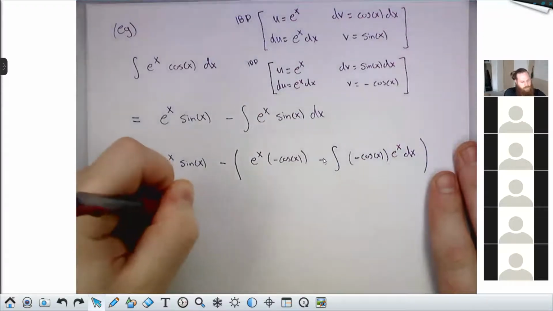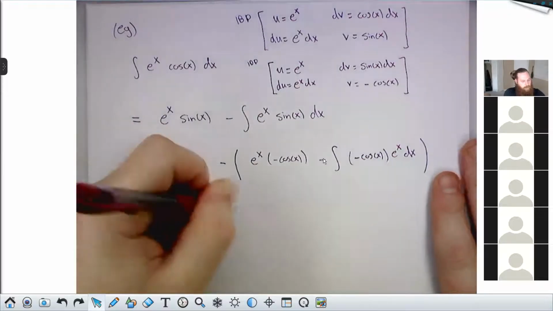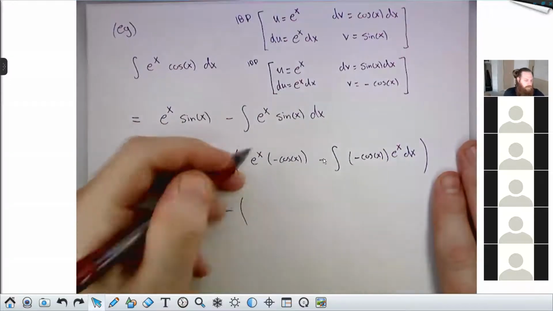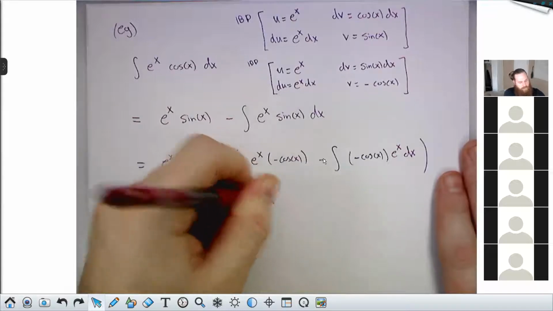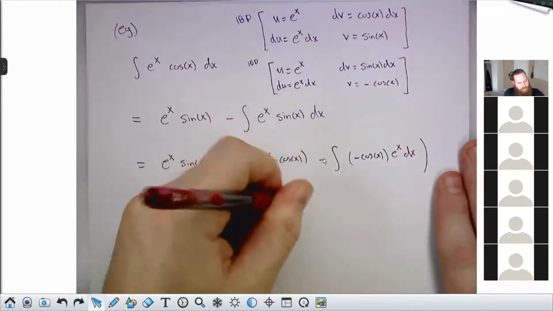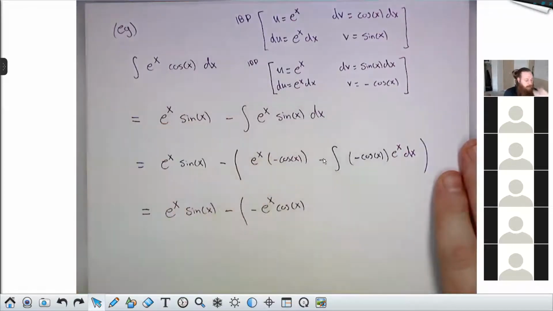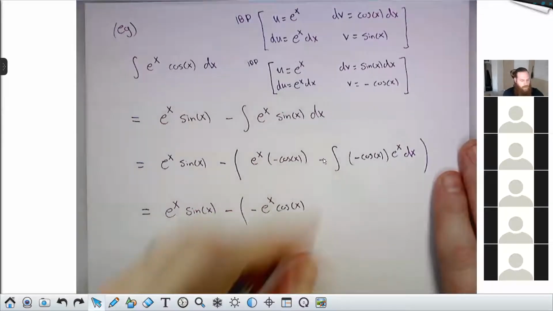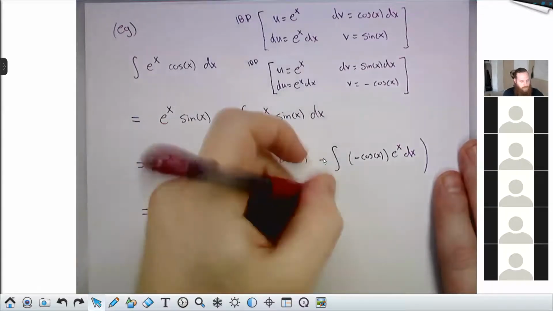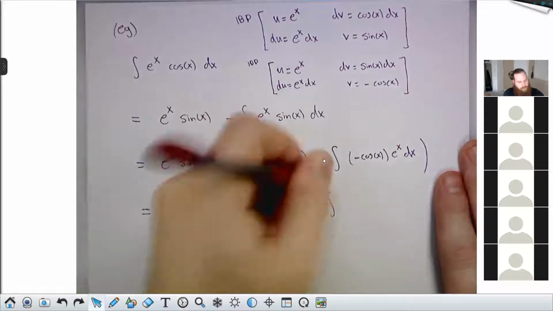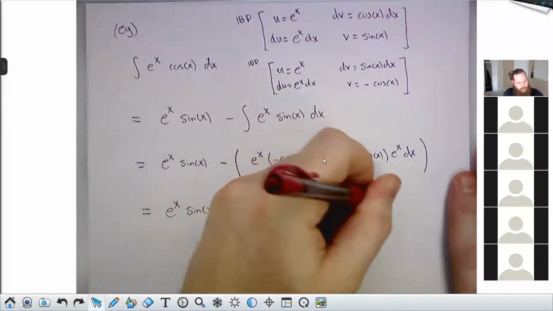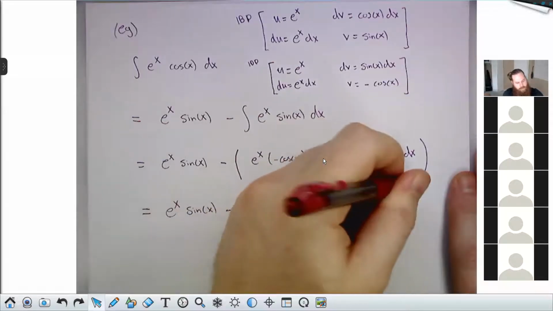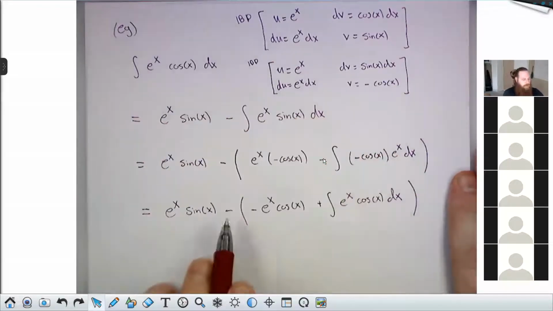This is e to the x sine x. I'm not even going to bother with the big negative out front yet. I'm just going to come in here and clean this up. Negative e to the x cos x. That's the right way to write e to the x times negative cos x. And then here, minus minus will make a plus integral. I'll write the e to the x first because it looks better, times cos x dx. Now I'm going to distribute this negative.